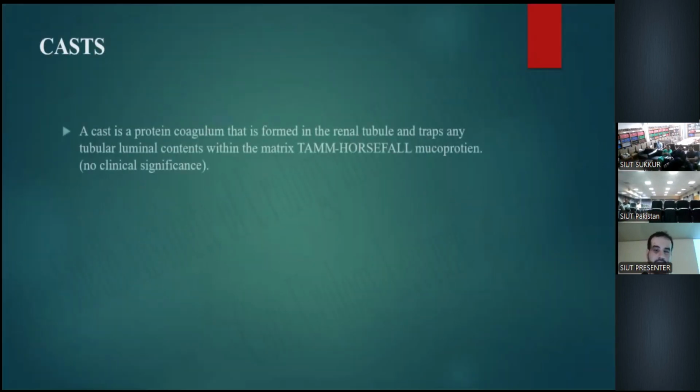So casts. A cast is a protein coagulum that is formed in the renal tubules and trapped in the tubular lumen, with a matrix like Tamm-Horsfall lipoprotein, which has no clinical significance.